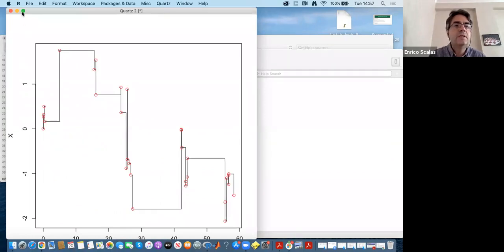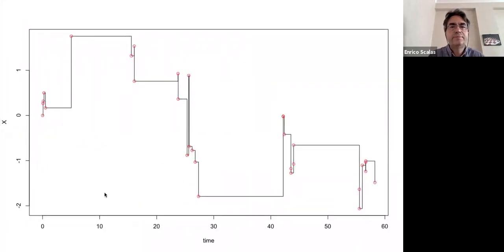Okay, so you see it here. What you see here is on the y-axis the position. So you start at 0 at time 0, then you jump somewhere, you jump again and again, etc.